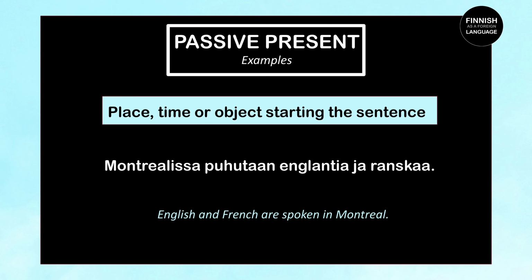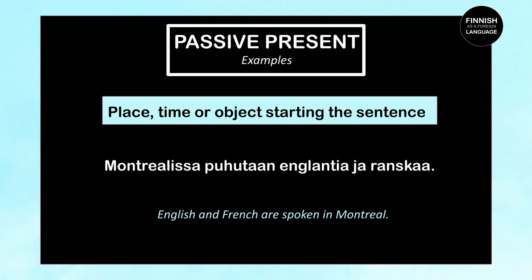Then we have puhutaan, which is our passive present verb. Its basic form is puhua, which means to speak. Then we have englantia ja ranskaa, which means English and French, standing here in the partitive case because of the verb puhua. So let's repeat. Montrealissa puhutaan englantia ja ranskaa.